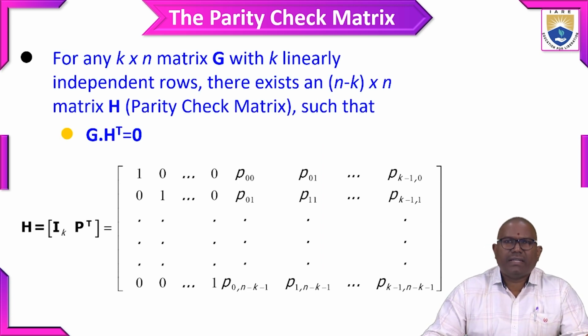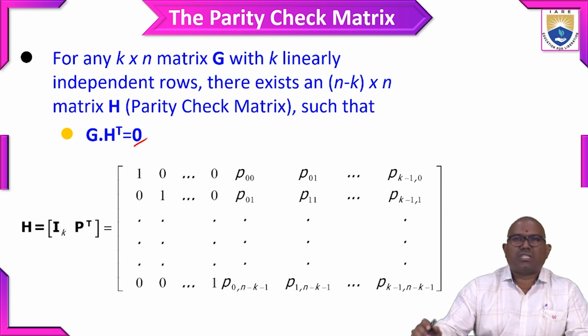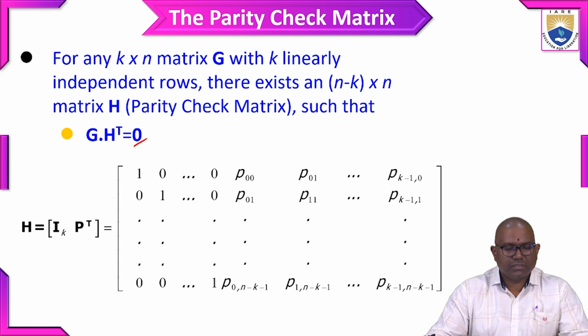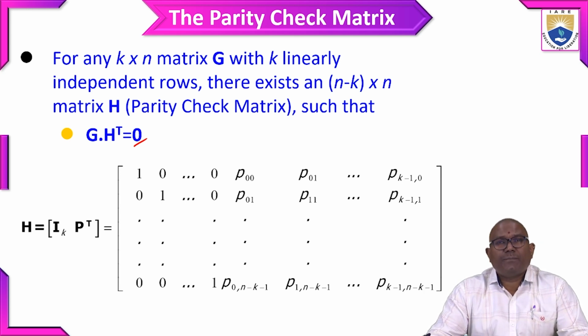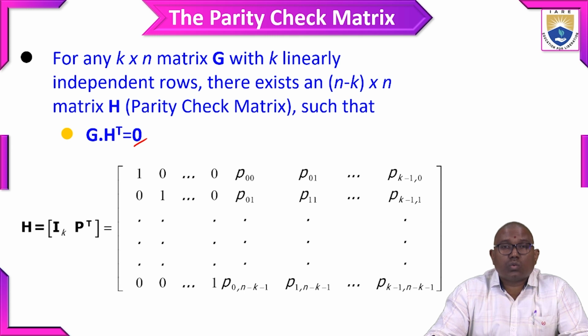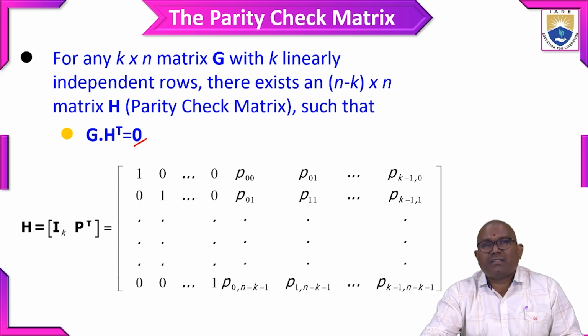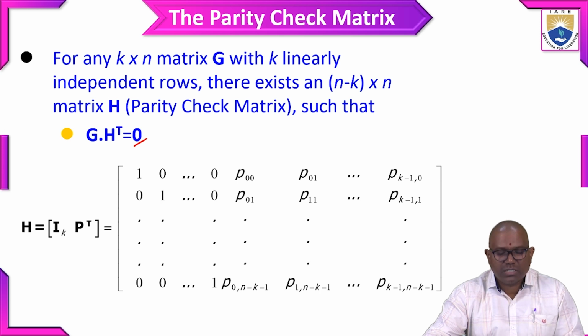And for any K by N matrix G with K linearly independent rows, there exists an N minus K by N matrix H. That is nothing but the parity check matrix. So when you multiply the generator matrix with the transpose of the parity check matrix, you get 0. And H is the parity check matrix. It is in the form of I_K P transpose.